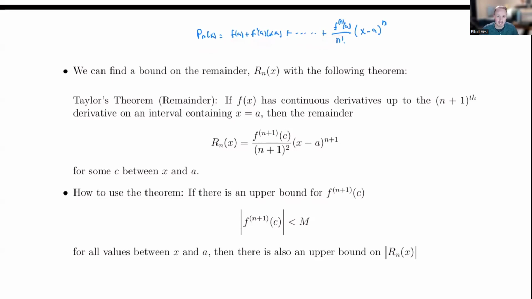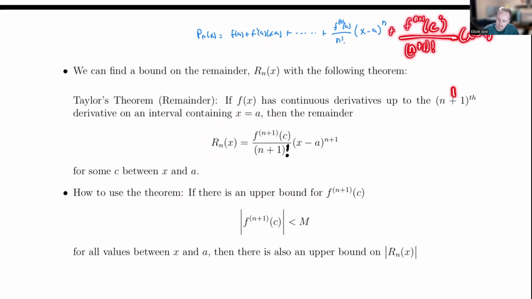On the interval containing x equals a, because we're centered around that a, the remainder is going to be, actually, I wrote this wrong here. This should be a factorial here. The remainder is going to look like the next term: the n plus 1 derivative over n plus 1 factorial, times x minus a to the n plus 1.